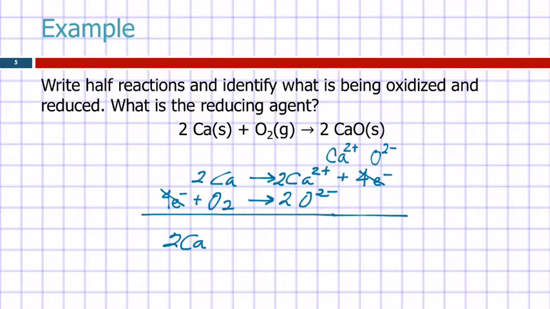We've got 2 calciums and an oxygen molecule, and that's giving us 2 calcium ions and 2 oxide ions. And then hopefully we can recognize that these 2 calcium ions and 2 oxide ions could combine to make 2 calcium oxide formula units. We're not done with the problem, but do you have any questions yet?